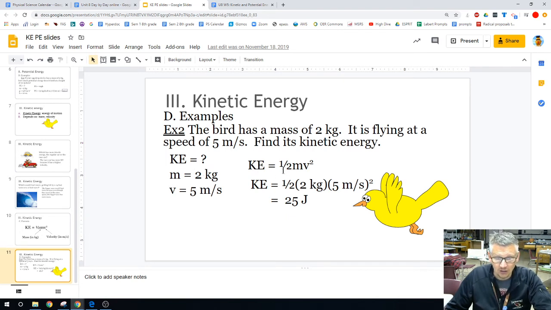So 5 squared is 25, times 2 is 50, and if we take a half of that, we get 25 joules. Once again, it's energy, so it's going to be labeled in joules.